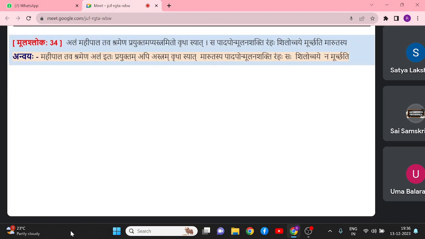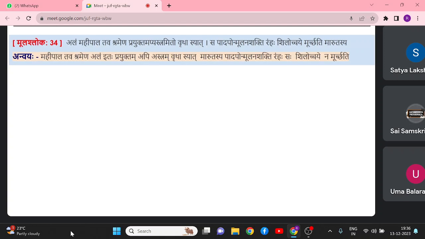Tava Shramena Alam. Stop your attempts. Bhavataha Ayasena na kinchit sadhyam. Nothing is possible with your efforts. So stop it. Tava parishramena labhaha nasti. Alam, stop. Itaha, mayi, on me. Prayuktam, the weapon that is discharged, though it is discharged.